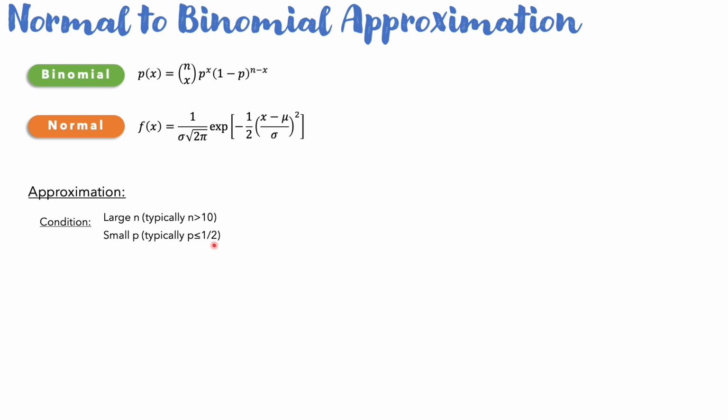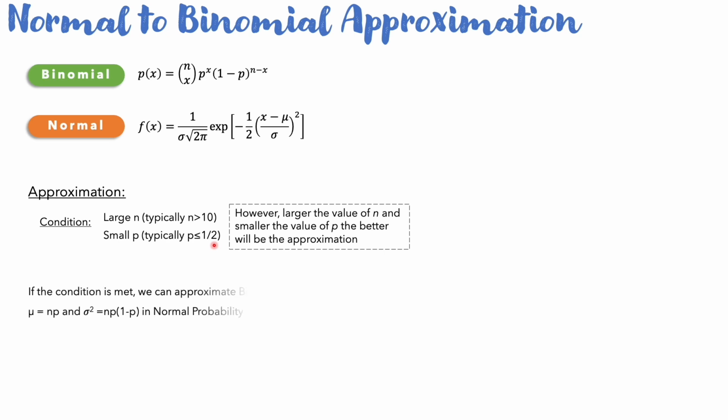But in general, the larger the value of n is the better, and the smaller the value of p, the better the approximation. And how can we apply this approximation now?